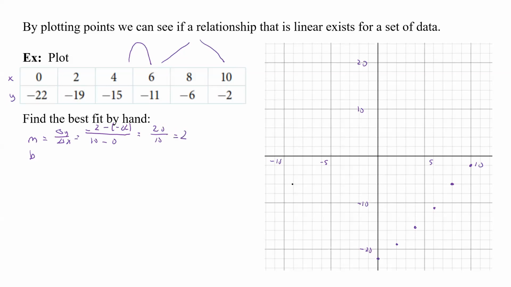Okay, well, my intercept is right here, and that's b equals negative 22. So with the slope and an intercept, I can write it in the form y equals mx plus b, which says y equals 2x minus 22.